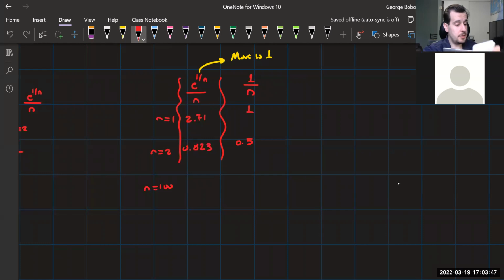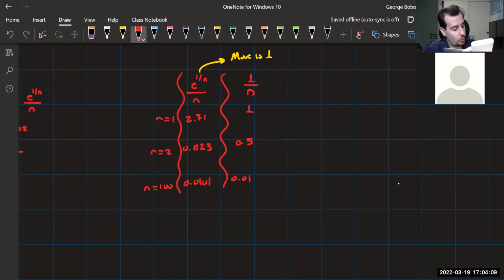You can go and check if I'm being truthful. Check at 100, for example. You get e to the 1 over 100 divided by 100, which is around 0.0101, and 1 over 100 would just be 0.01.